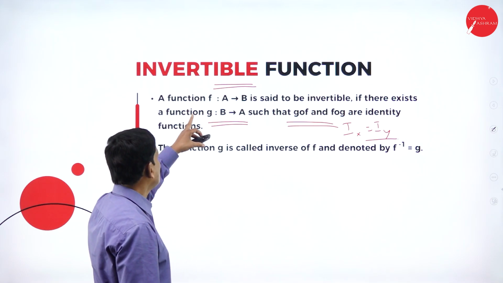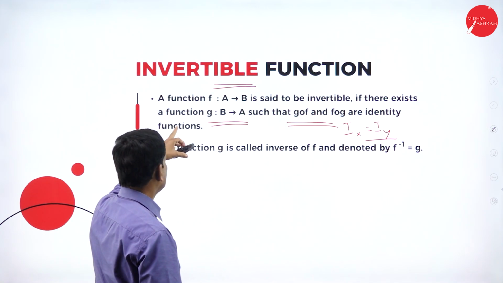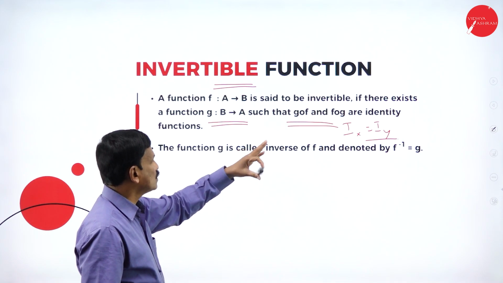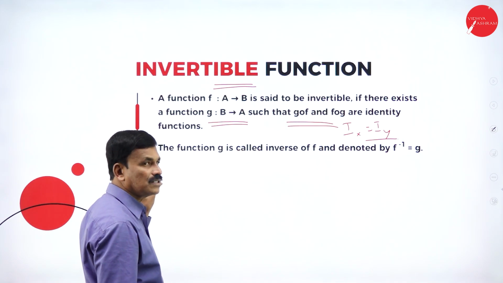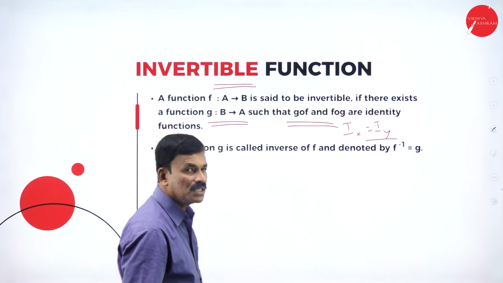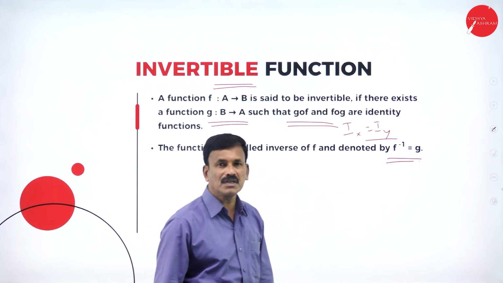That is, a function f from A to B is said to be invertible if there exists a function g from B to A such that g∘f and f∘g are identity functions. The function g is called the inverse of f and it is denoted as f inverse, f⁻¹ = g. This is one definition.